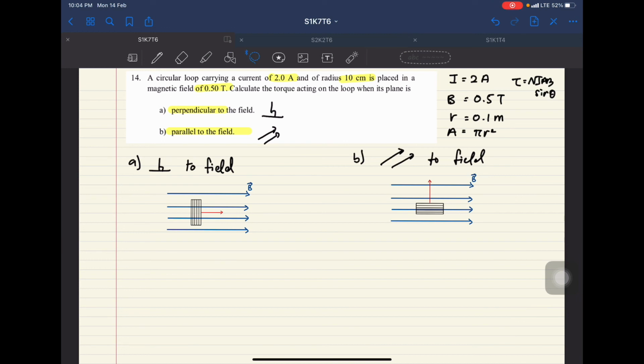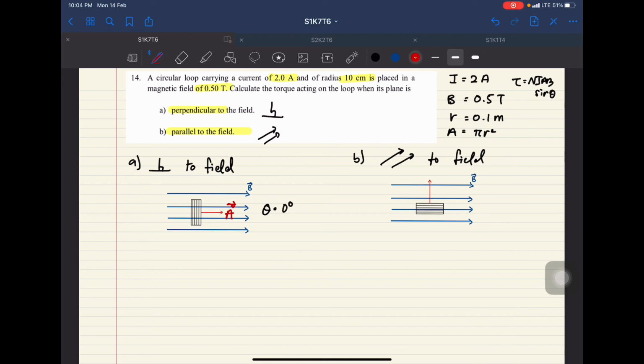Okay, now the angle here for part A, when it is perpendicular to the field. So this is your A to the right, your B is to the right, so the angle theta will be equals to 0 degree.